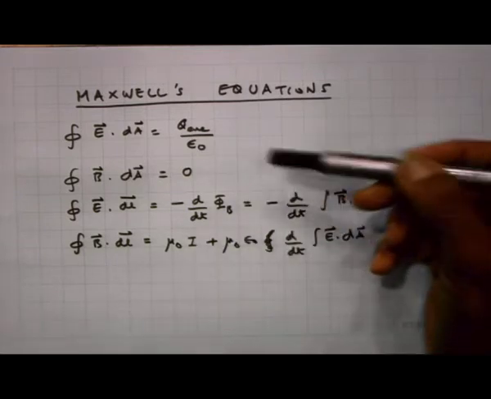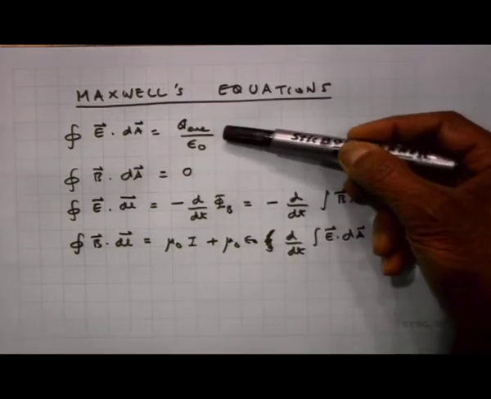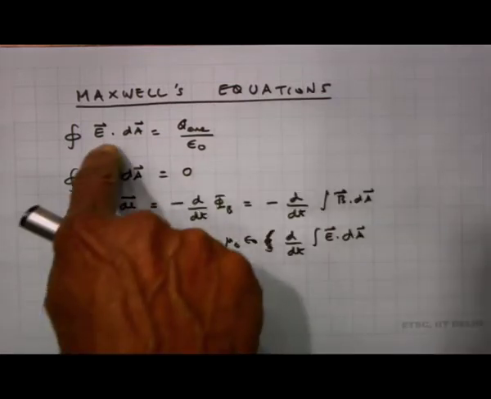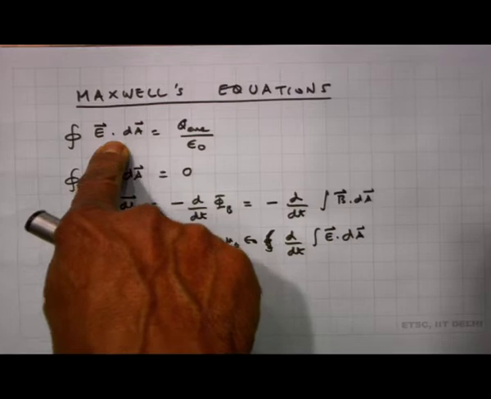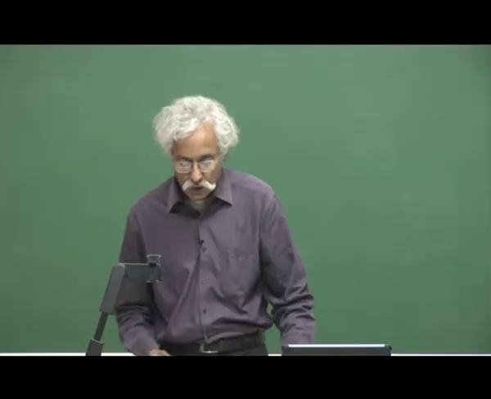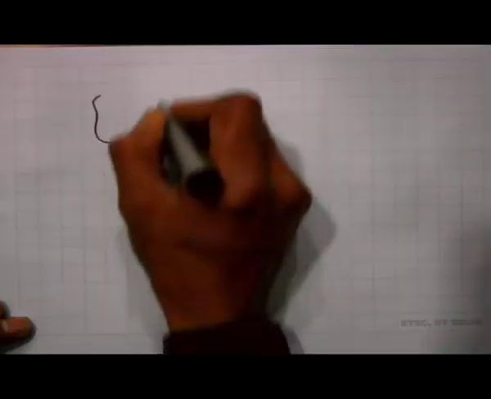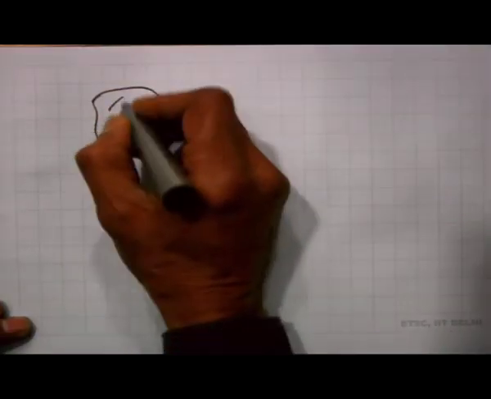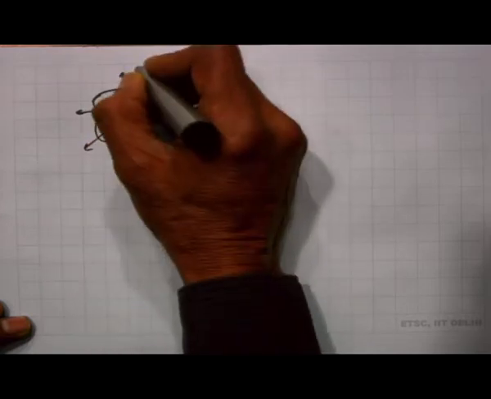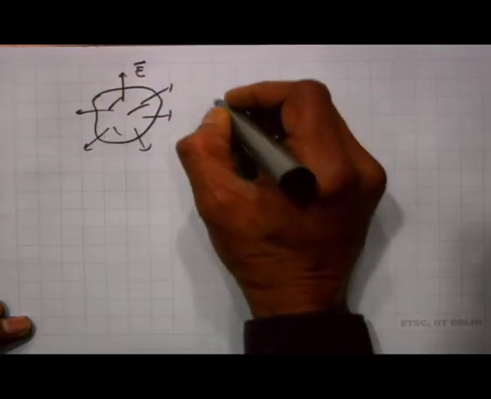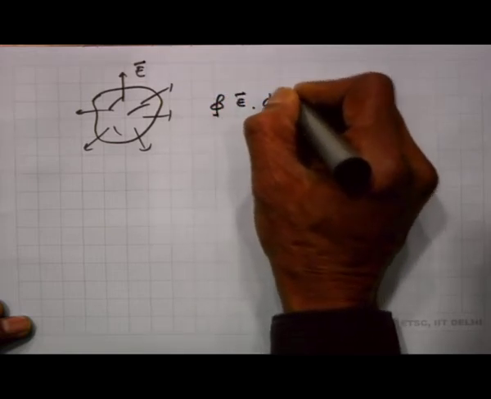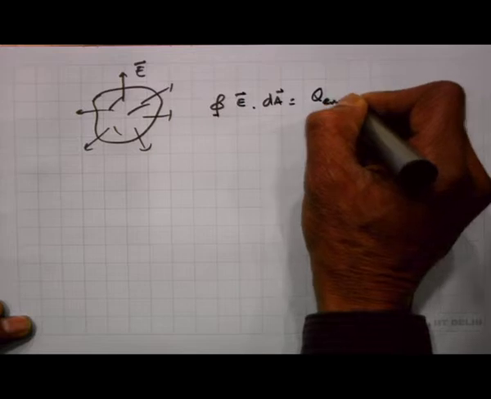The first is nothing but Gauss's law, which we used right in the beginning. This tells me that the flux of electric field must be equal to the charge enclosed divided by epsilon 0. Let me draw a figure here. If you take a surface like this, then the electric flux coming out of it, these are the E fields, integral E dot dA is equal to charge enclosed divided by epsilon 0.